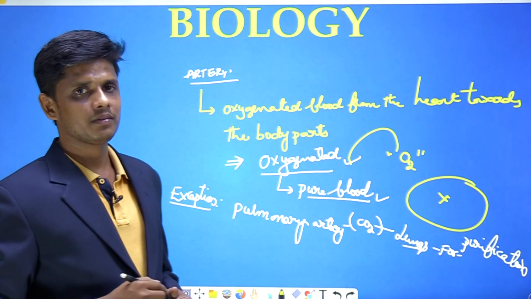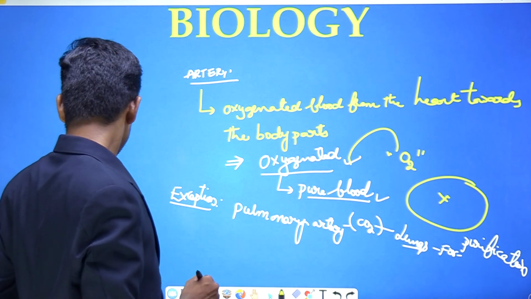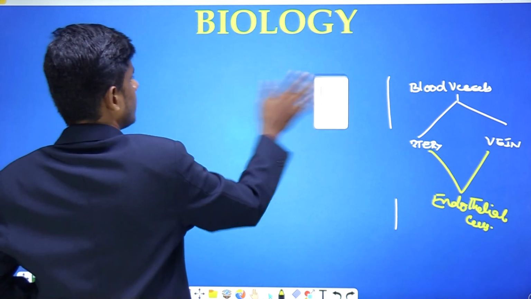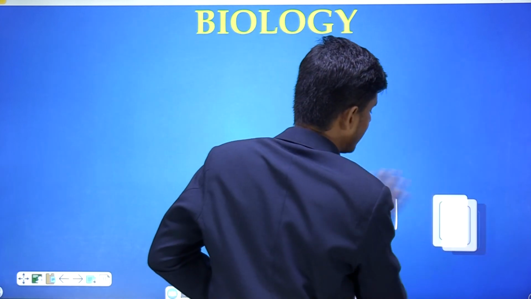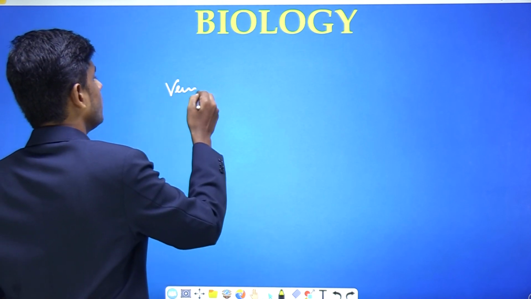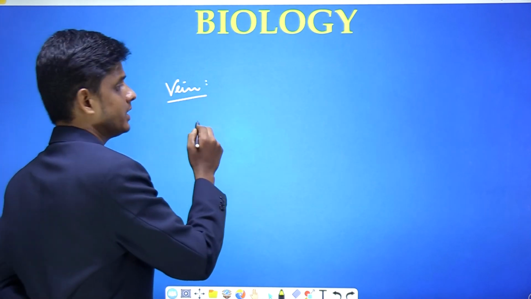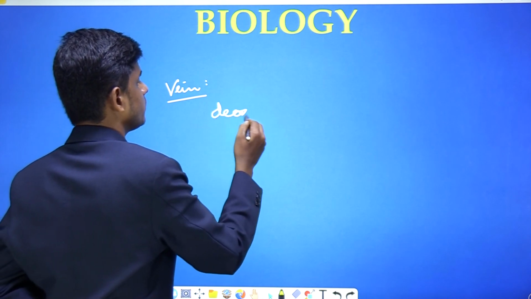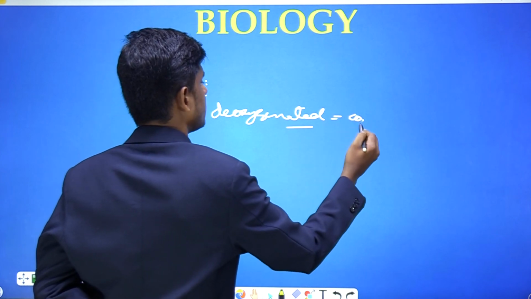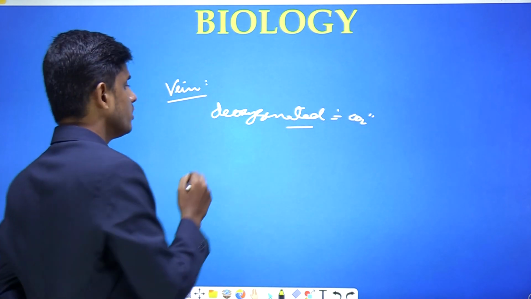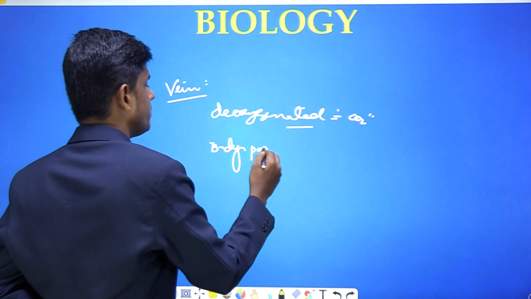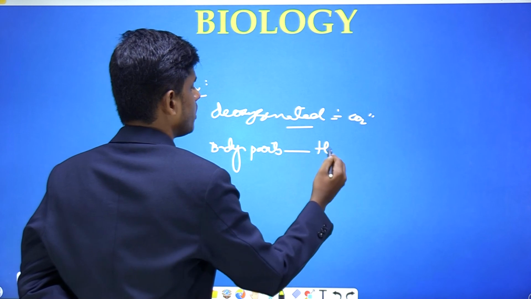And come to the next one. The next thing is vein. What is that? Vein. And what is the function of the vein? The function of the vein is to carry the deoxygenated blood, which has carbon dioxide as a chief component, from the body parts to the heart.